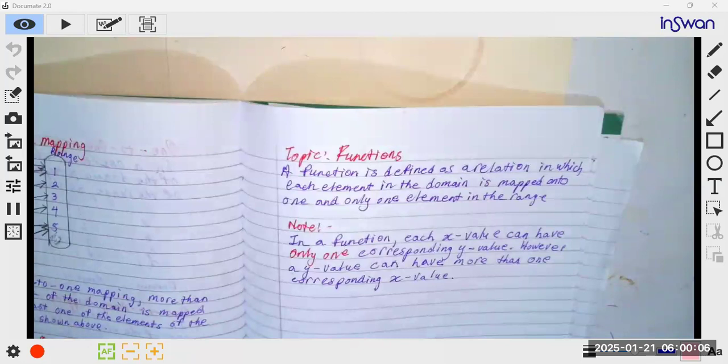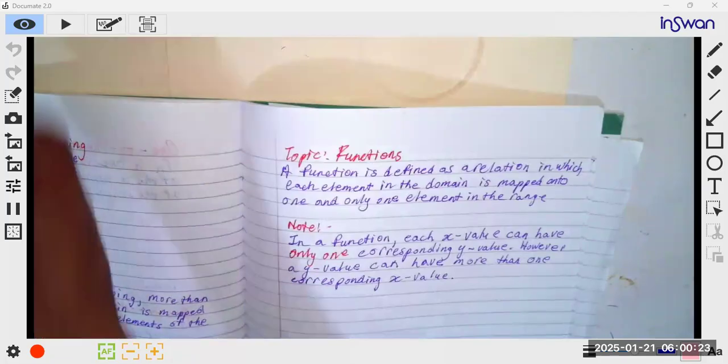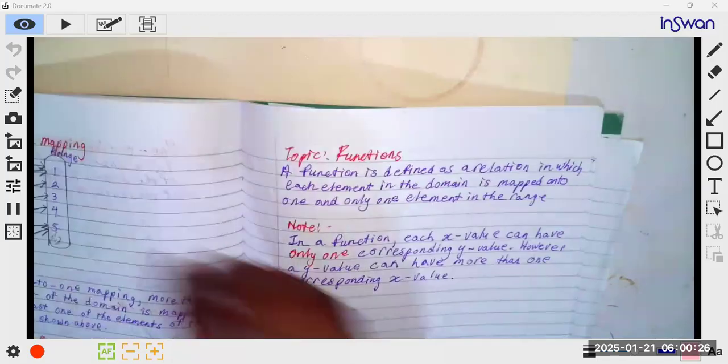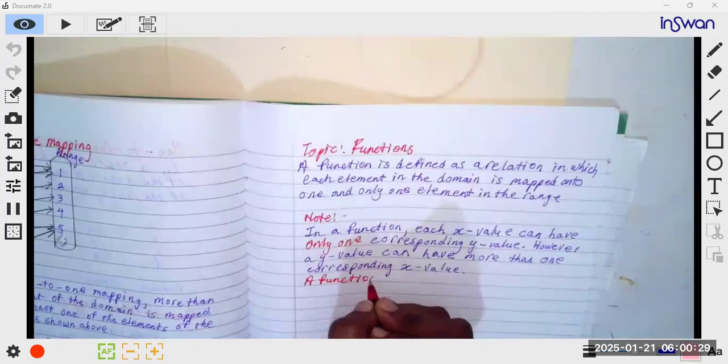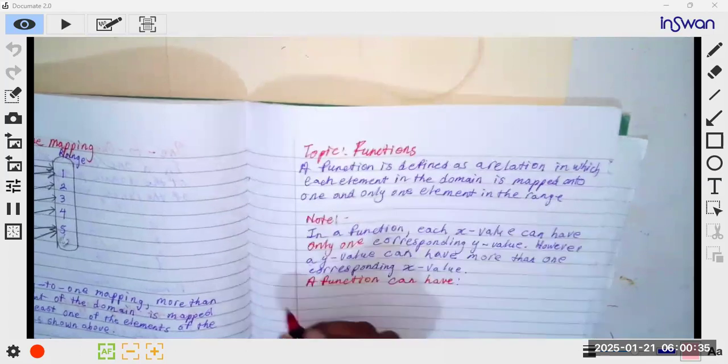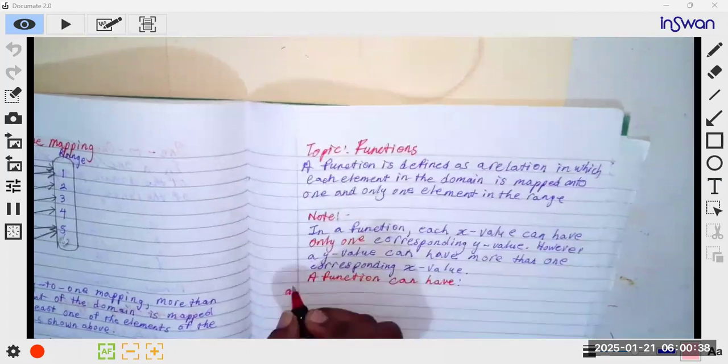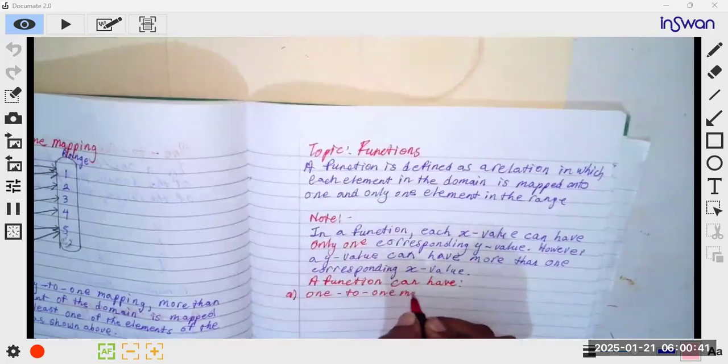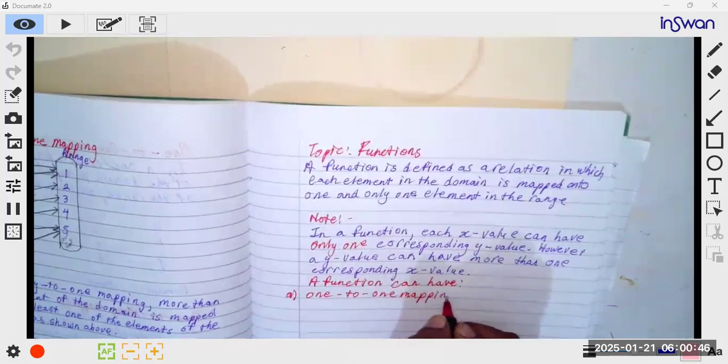So it means to say that a function can be a one-to-one mapping, and a function can have a many-to-one mapping. So that's how we determine these are functions, right? So a function can have a one-to-one mapping, or it can have a many-to-one mapping.